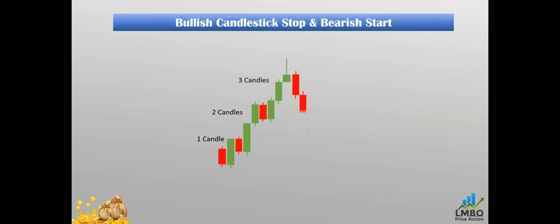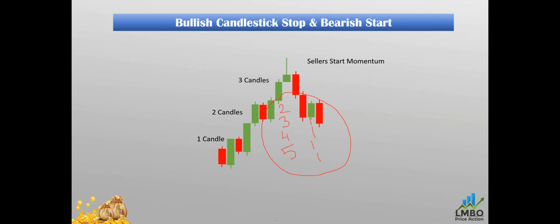Sellers enter, and finally we find a buyer with 1 candle. So at this stage, sometimes 2 candles, then 1 buyer, sometimes 3 candles, then 1 buyer, sometimes 4 candles, then 1 buyer, sometimes 5 candles, then 1 buyer. This is the sign that buyers have stopped.